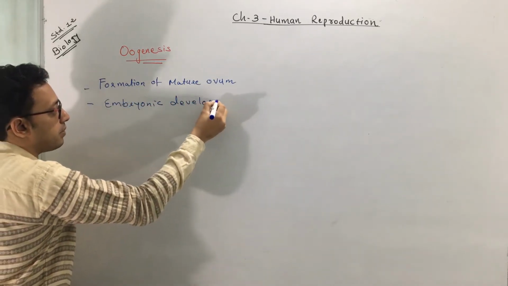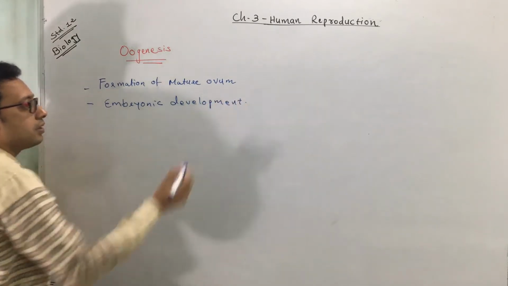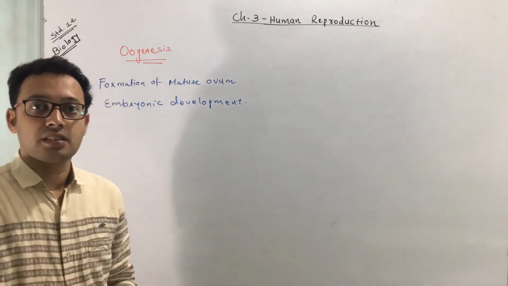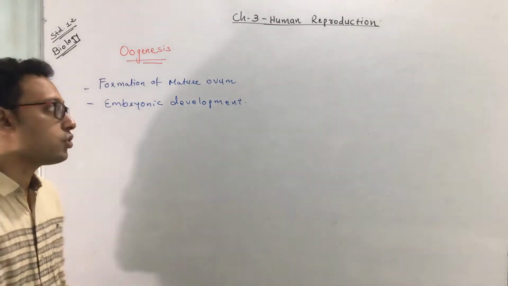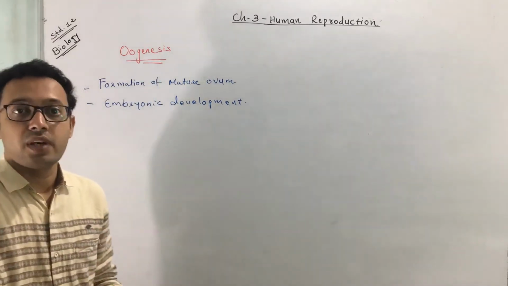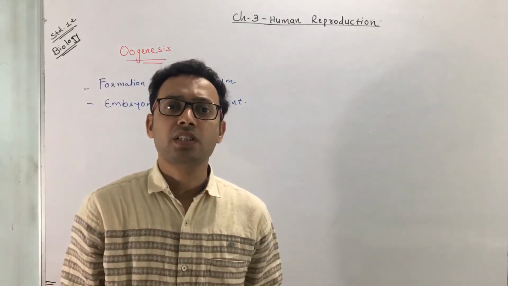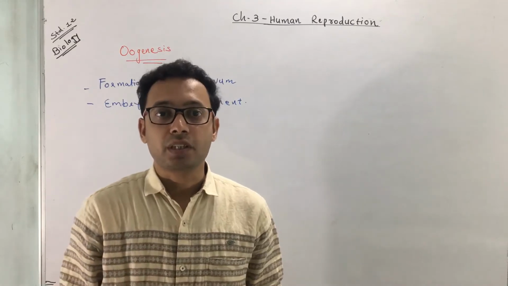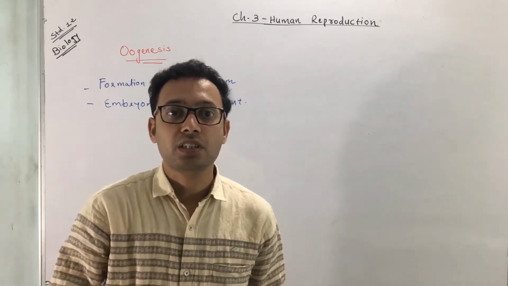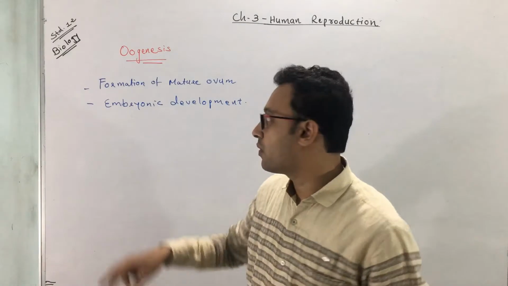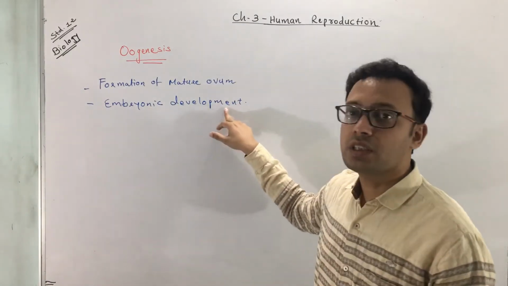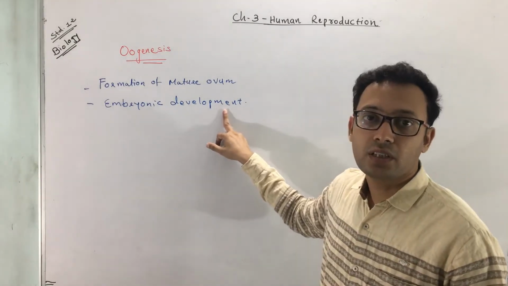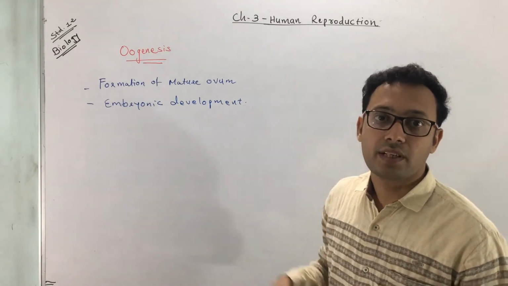So when the baby is inside the lady's womb, at that time the process initiates. Whereas the spermatogenesis process starts when a male reaches puberty. This is the difference between spermatogenesis and oogenesis. So oogenesis starts during the fetus development.